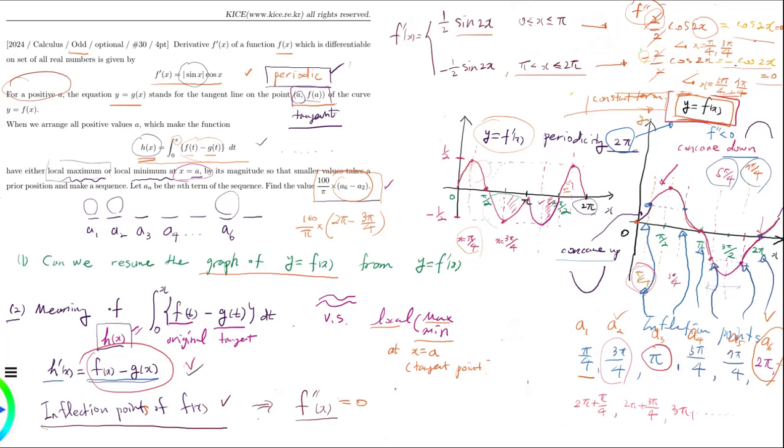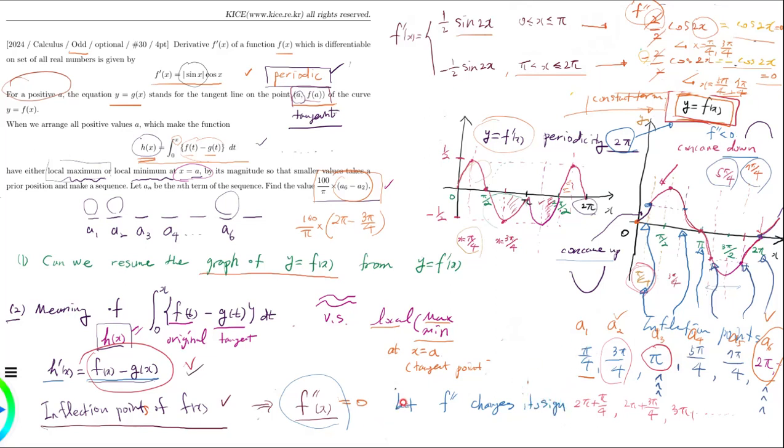But you should be cautious that we have another inflection point like pi or 2 pi. Where does this come from? It comes from not this equation, but f double prime changes its sign.